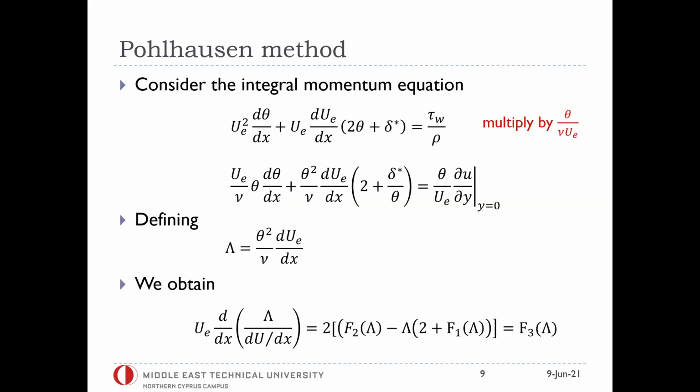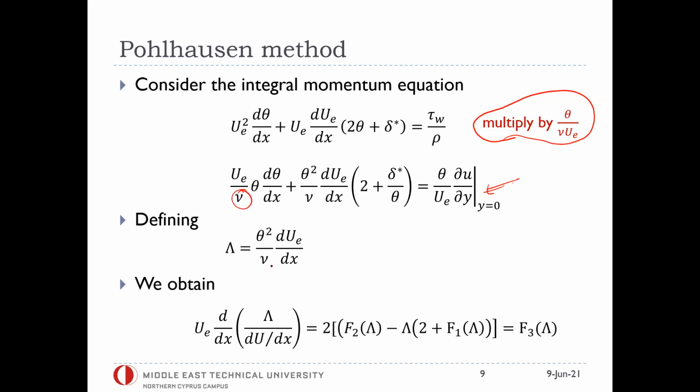So now we consider the integral momentum equation, which we derived before. This is our integral momentum equation. Here is a reorganization of the equation a little bit, meaning multiplication by this gives me that equation. Instead of tau wall, I have this, and viscosity, as mu over rho, went to the left-hand side.